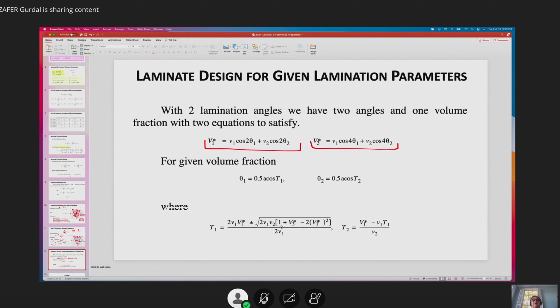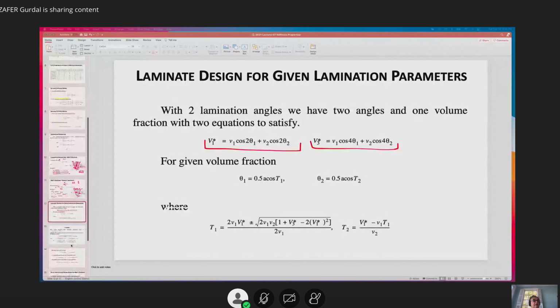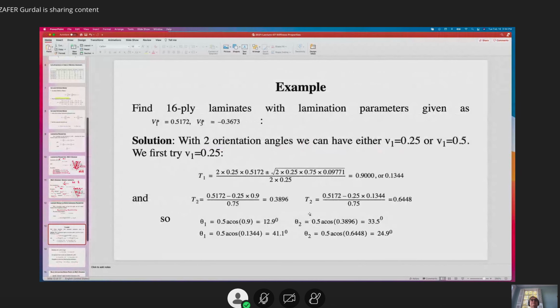For given V1 star and V3 star, and small V1 and small V2, I can find those angles to come up with the laminate orientation angle. So I think I have an example for that I will do right here.